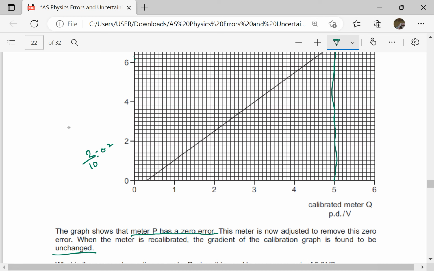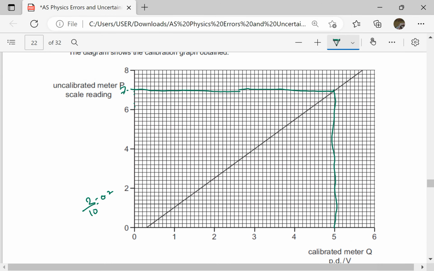The graph shows that meter P has a zero error. This meter is now adjusted to remove this error. When the meter is recalibrated, the gradient of the calibration graph is found to be unchanged.